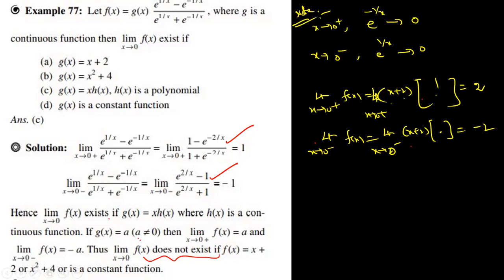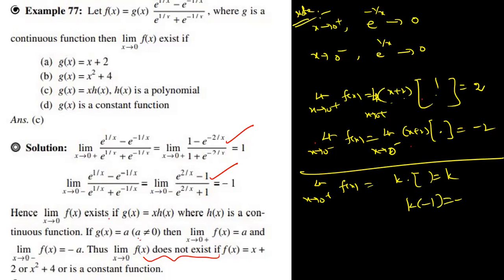Option B failed. Option D is not possible because it's a constant. Why? Because limit x tends to 0 plus f of x is k into 1, and k into minus 1. So a constant function is also not possible. So g of x is equal to x into h of x, where h of x is a polynomial.